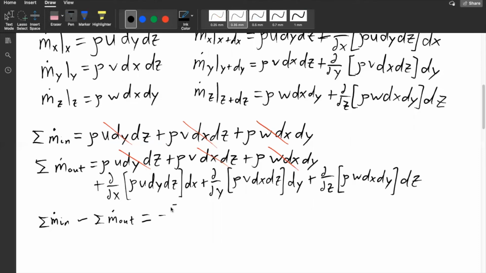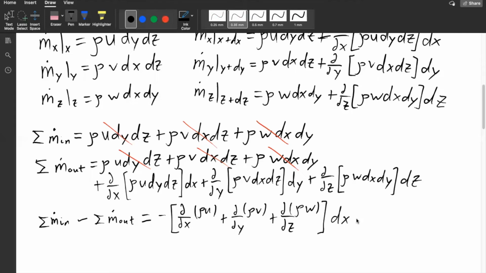So we get negative partial x rho u plus partial y rho v plus partial z rho w. And here we have dx, dy, dz. Since all these terms have dx, dy, dz, we are able to pull it out.